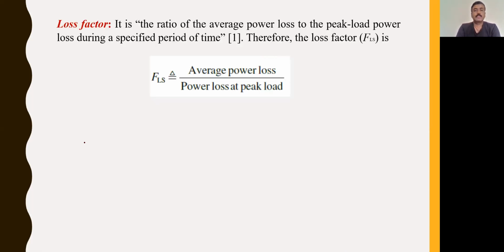Loss factor is the ratio of average power loss to the peak load power loss during a specified period of time. So this is expressed as average power loss to the power loss at peak load.